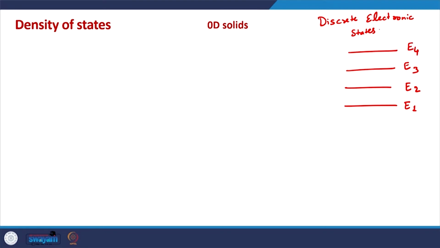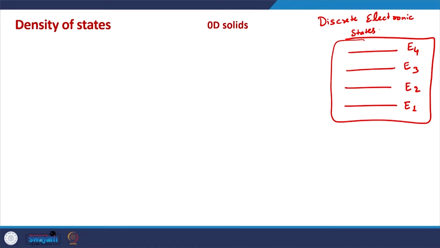In 1D solids, as we have already seen, there might be bands and band gaps, 2D solids again might have bands and band gaps, 3D solids might also have bands and band gaps, but in a 0D solid the electronic states will be discretely placed, because the electron is confined in all directions and confinement leads to discretization of energy. This is how the electronic states would look.